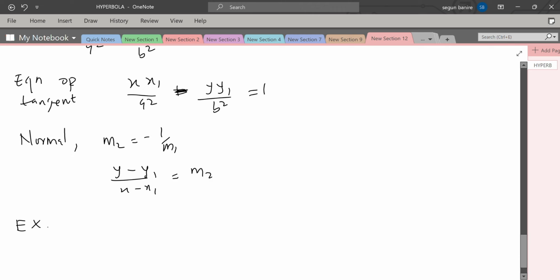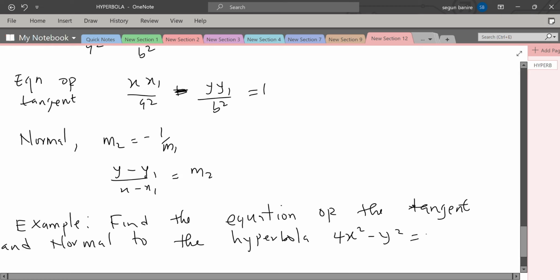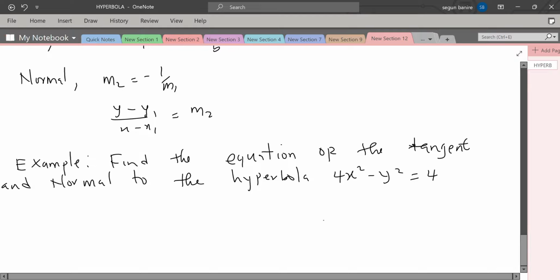Okay, so let's look at this example. Find the equation of the tangent and normal to the hyperbola 4x squared minus y squared is equal to 4, at the point (1, 2).